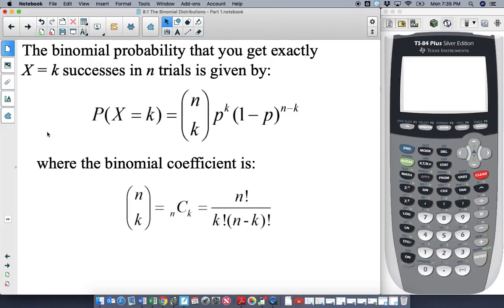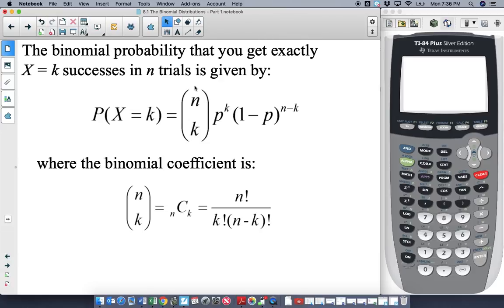So the binomial probability that you get exactly X equals k successes in n trials is given by this formula: P(X = k), like X equals 2 successes or X equals 50 successes or whatever, is equal to n choose k, n combinations taking k at a time, times the probability to the k power times the complement, 1 minus the probability, to the n minus k power.